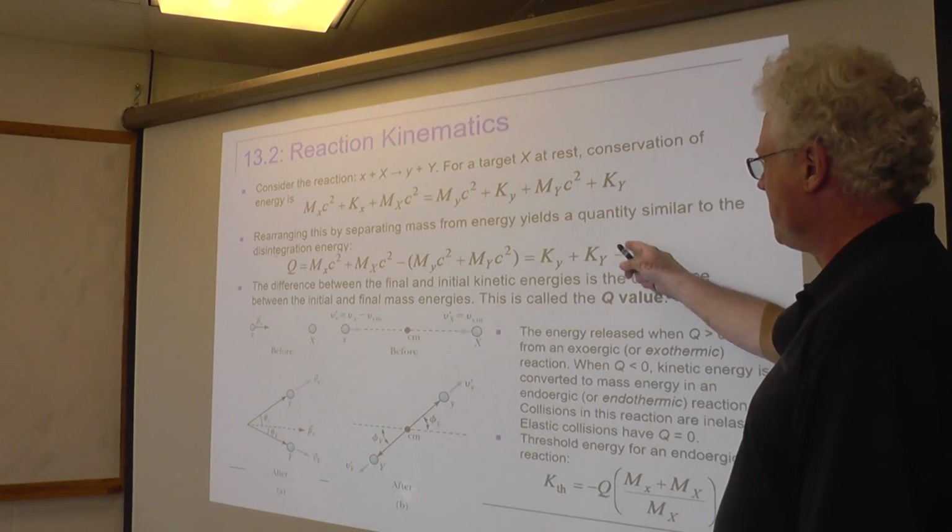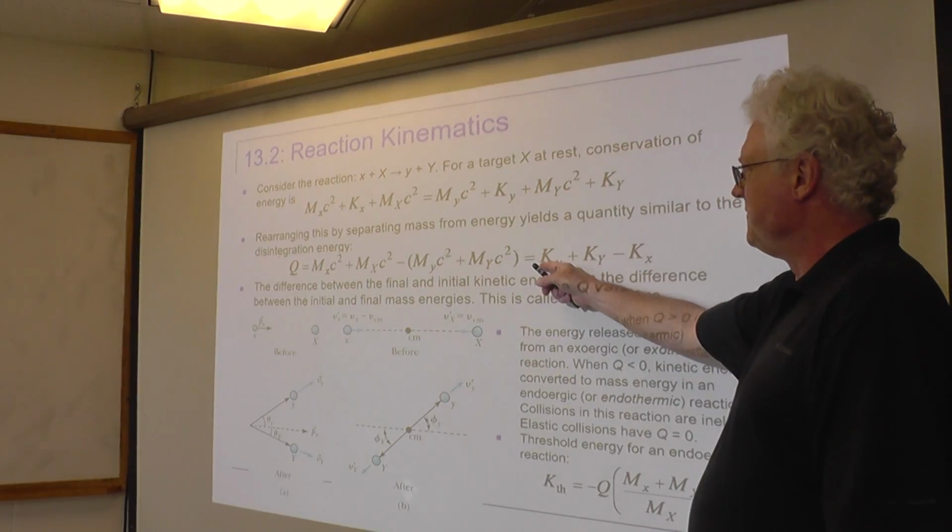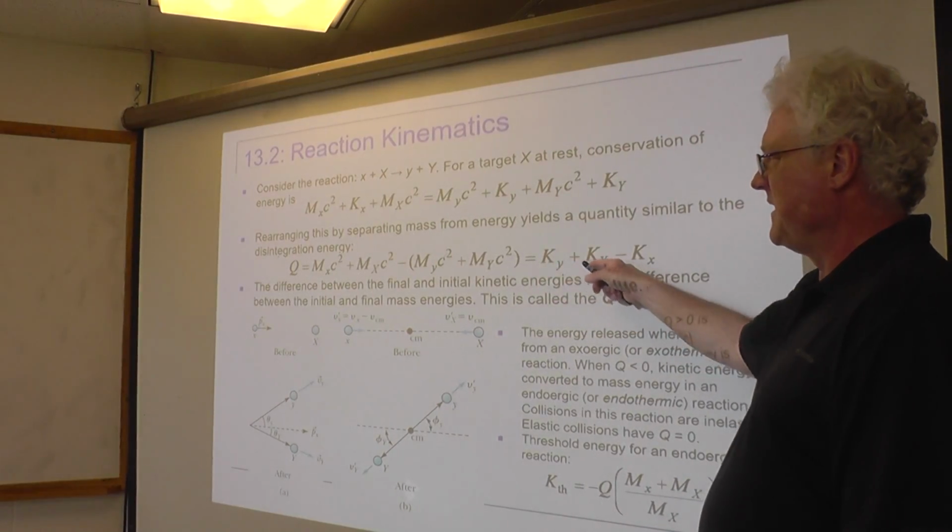Well, some of it's going to be absorbed by this kinetic energy here, but then the rest is going to be released in the form of these two kinetic energy terms right here.